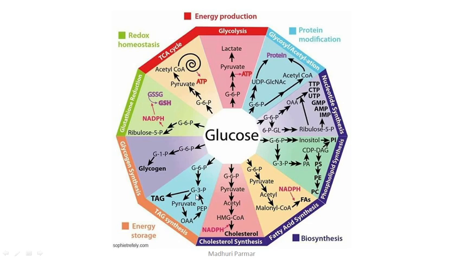G3P will give you DHAP, and from DHAP you can make glycerol, and when you attach fatty acids to this glycerol, you get triacylglycerides. Then glycogen is the storage polysaccharide in case of animals. Then glutathione is a molecule which takes care of oxidative stress. I'm mentioning this because it will be mentioned in the next slide as well.